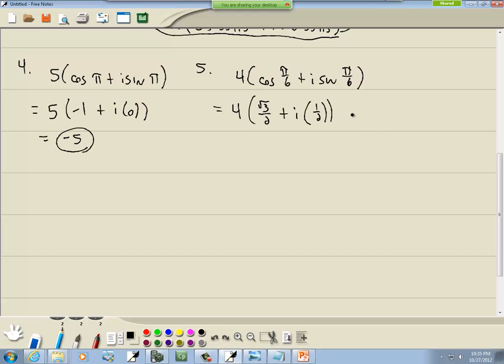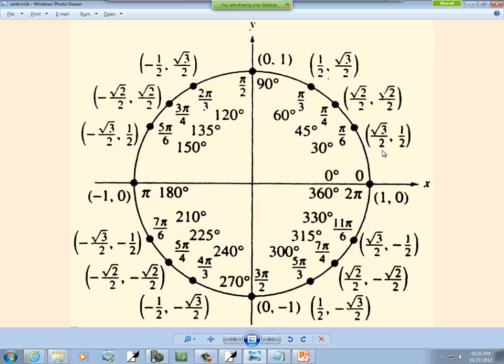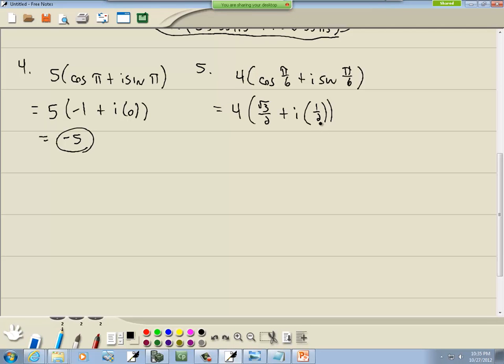Cosine is our x, so that's why that's square root of 3 over 2. Sine is our y, that's why that's 1/2. Now if I multiply this through, I got 4 square root of 3 over 2 plus 4/2 i, 4 times 1/2, which gives us 2 square root of 3 plus 2i. And that's our answer.